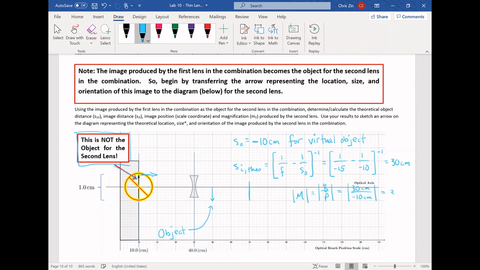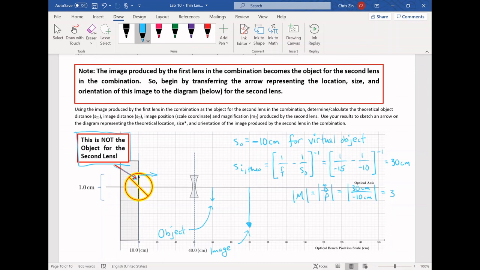This gives me a magnification of 3. Okay, so that means the object will project an image 3 times the size, and it will be at this location. So then our final theoretical prediction, using the lens equation twice, will be at this location and that size.